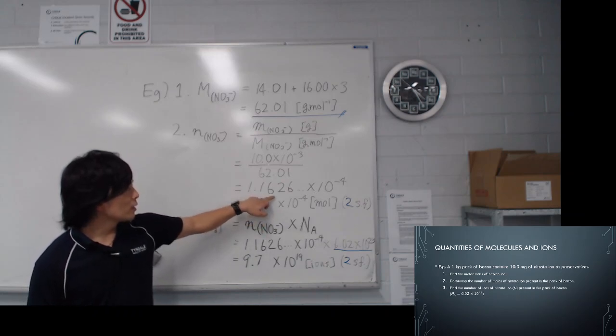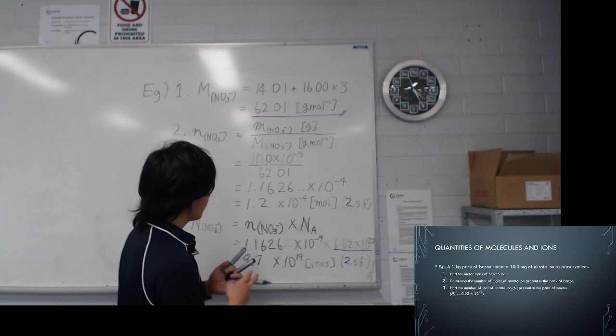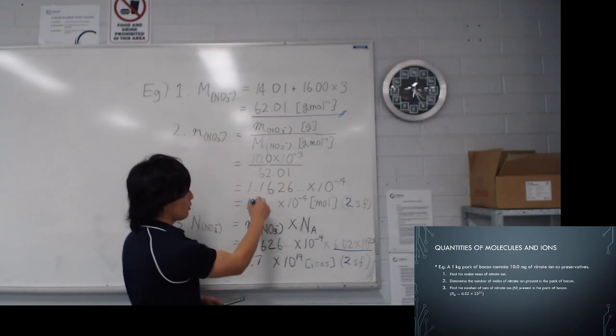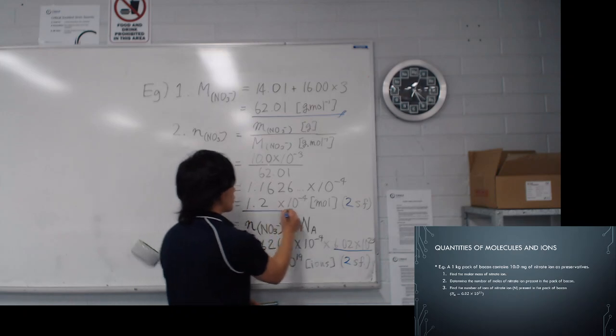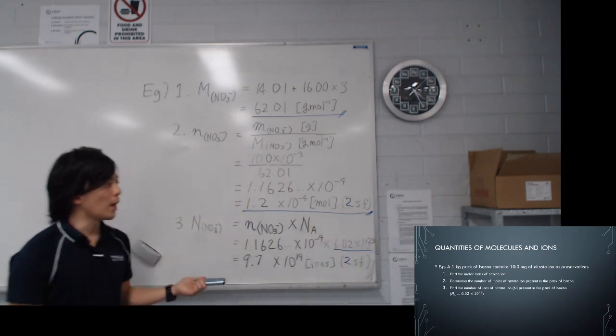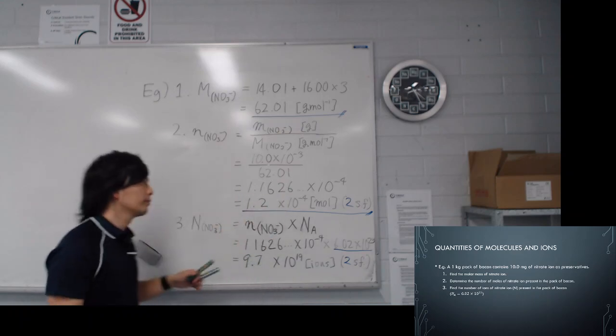The 6 here needs to be either chopped off or rounded up. 6 is above 5, so more than halfway, so you get 2 here. So in 2 significant figures, 1.2 times 10 to the power of negative 4 mole is the answer.